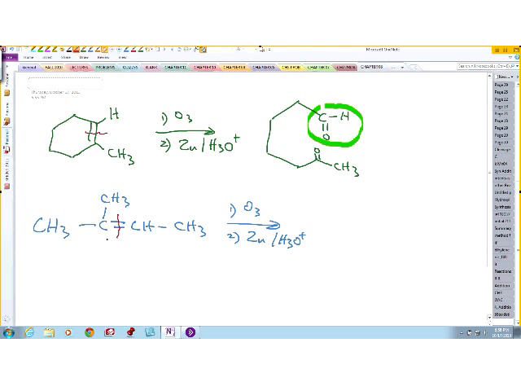One will be a ketone, the other will be an aldehyde. The aldehyde will be on this carbon, and the ketone will be on this carbon. Follow that. So the product is this, plus this.